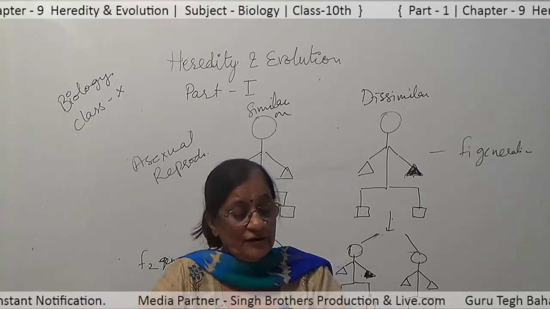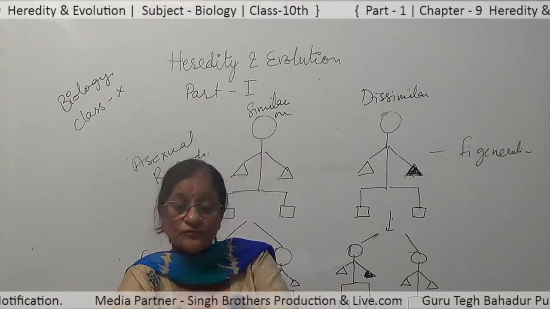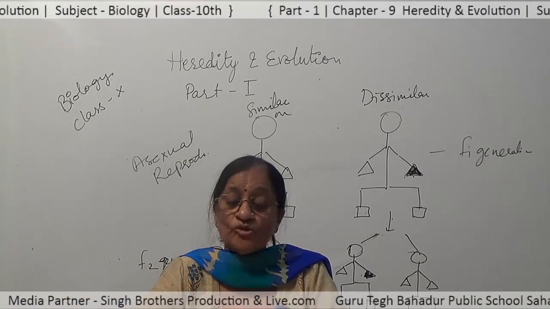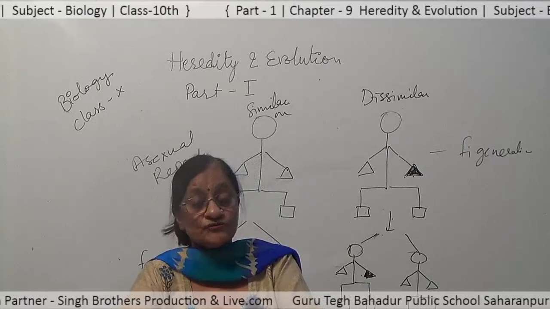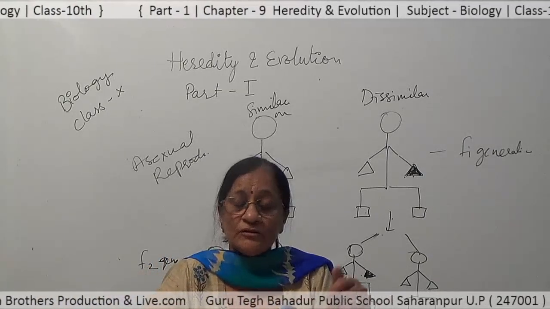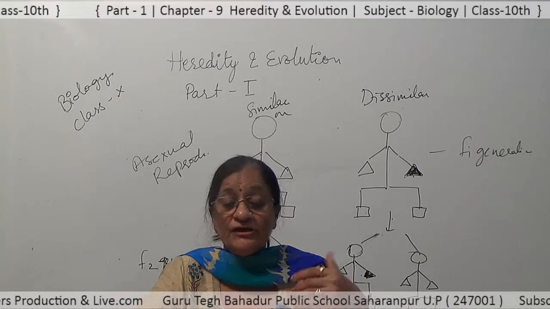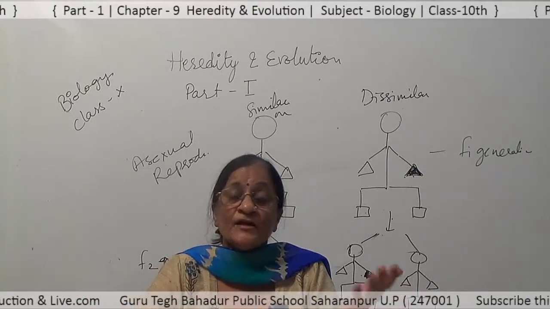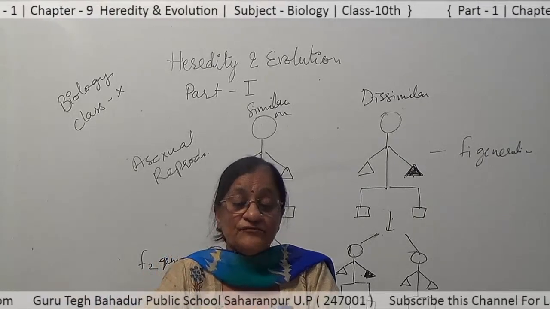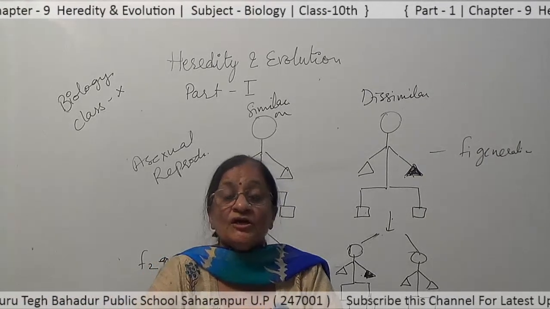So here some variations are useful while others are not, and nature selects those variants which are useful and others are eliminated. As I have told earlier, those which are useful remain in the next generation, and those which are not useful are eliminated from the population.